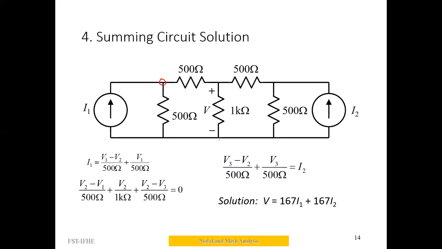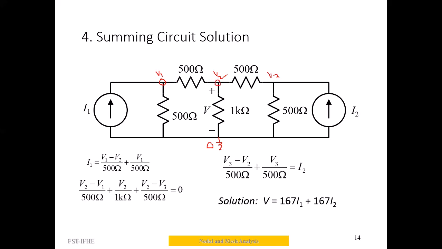So the first step is to take a reference node, then indicate the node voltages V1, V2, V3. Then apply KCL at V1. The incoming current I1 is equal to the outgoing currents V1 minus 0 by 500, V1 minus V2 by 500. Then you apply the KCL at node 2.